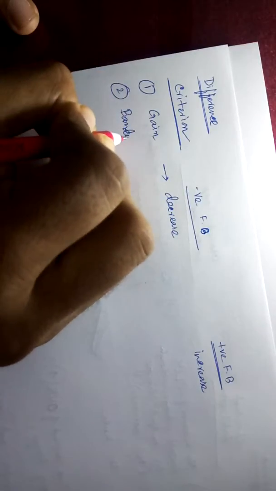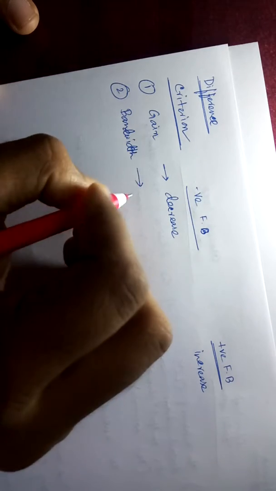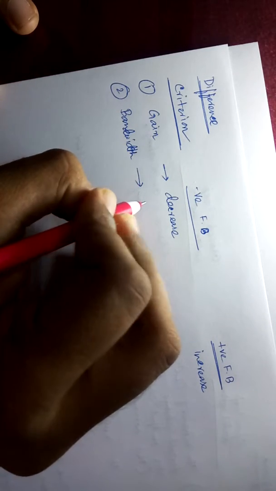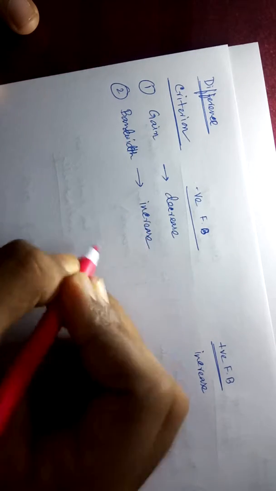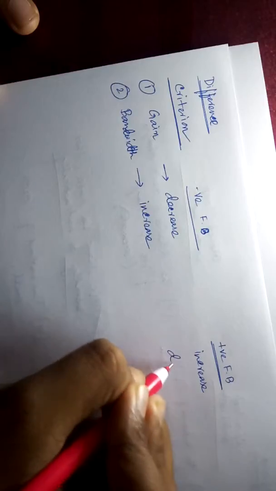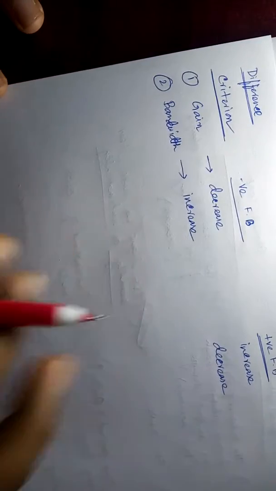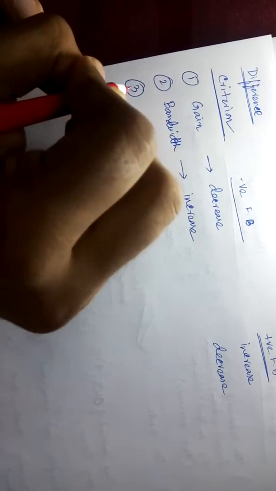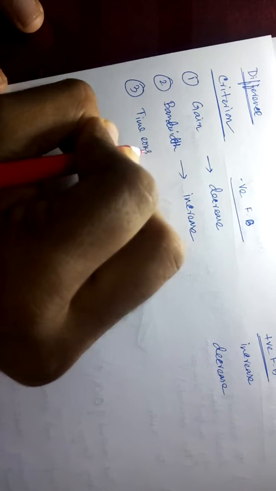Bandwidth. In case of negative feedback, bandwidth will increase. And in case of positive feedback, bandwidth will decrease. Third point, very important point, time constant of the system.